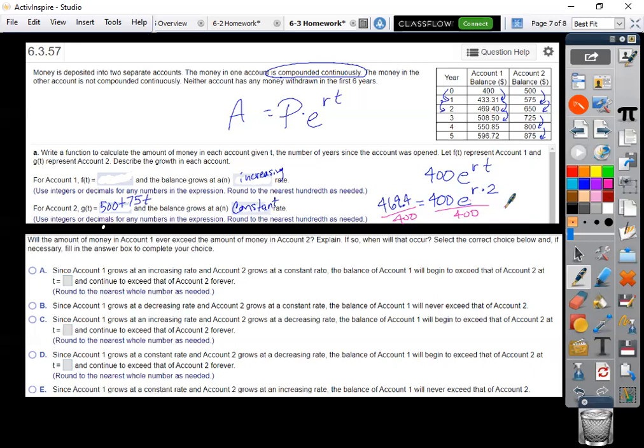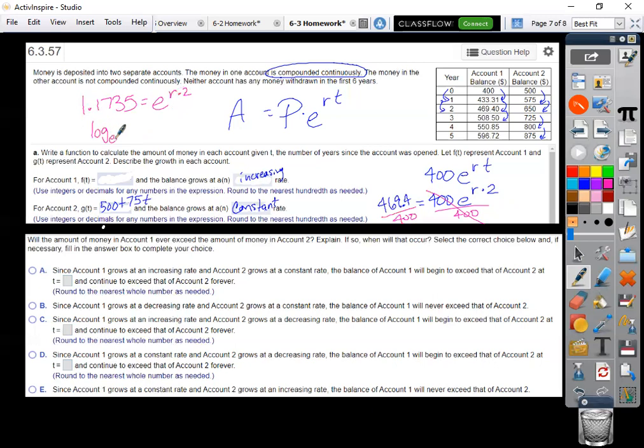So let's see, I'm just grabbing a calculator to actually divide that out. 469.4 divided by the 400 is like 1.1735. And that equals my e to the 2r, or r times 2. Remember, once you get to a base and a power, and the power has your variable, convert it to a log.